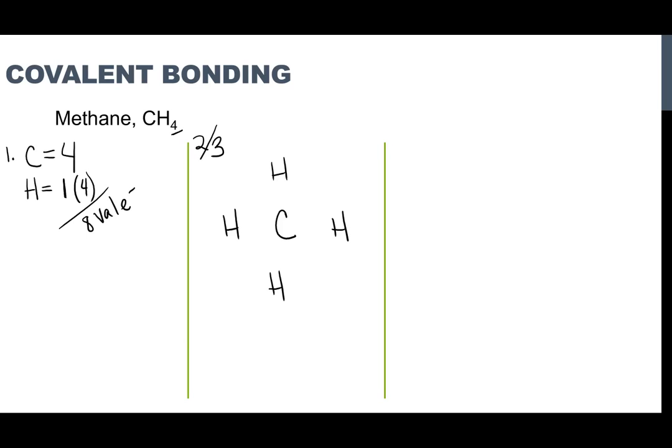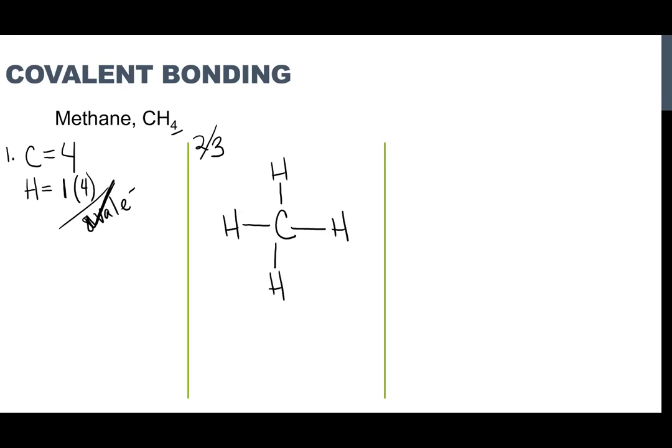And then step 3, once I have this skeletal structure on the paper, I'm going to start distributing electrons, filling as many octets as possible, and remembering to use all of the electrons at my disposal. So I like to start with bonding pairs. I like to start with the electrons that are shared between 2 atoms. So I'm going to start with 1, 2, 3, 4, 5, 6, 7, 8. So I've used all 8 electrons at my disposal.